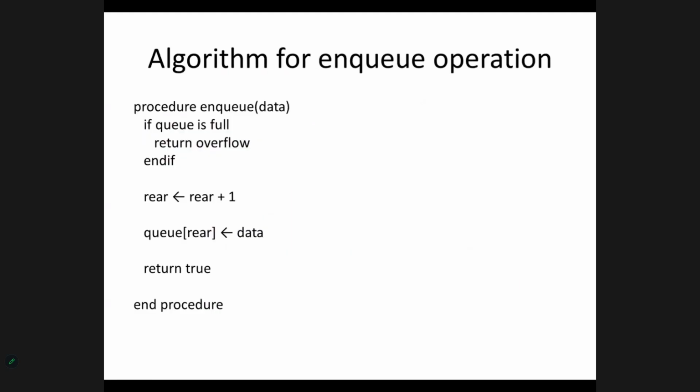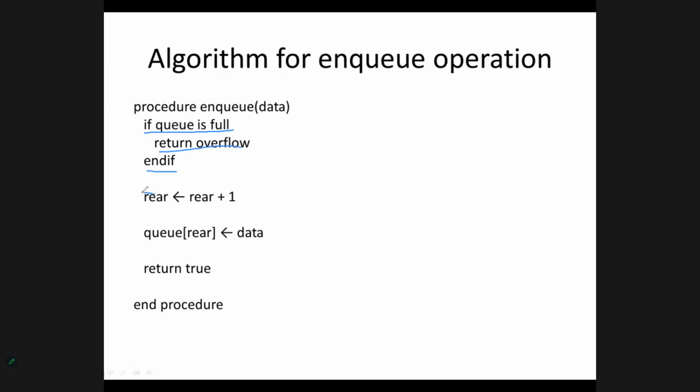And this is the algorithm for the enqueue operation. First, check if the queue is full. If the queue is full, return overflow and end; from here it will stop.